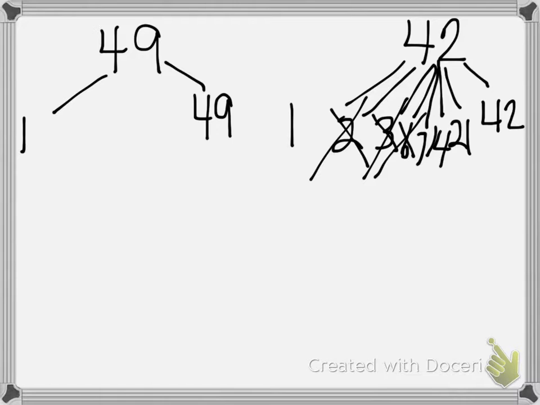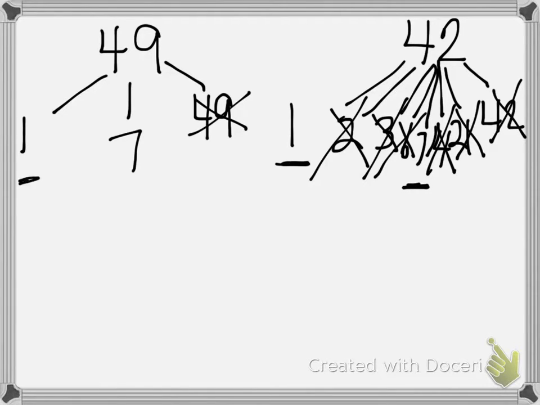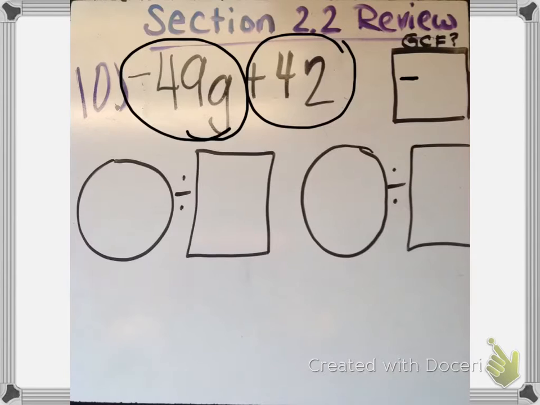If you try to divide 7 into 49, then we know 7 times 7 is 49, and that is all the factors of 49. So we can cross off the 14, the 21, and the 42, and all that is left is the 1 and the 7 over here, and the 1 and the 7 over here. So 7 is the greatest common factor.